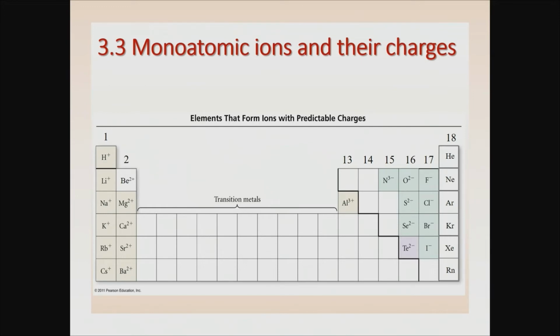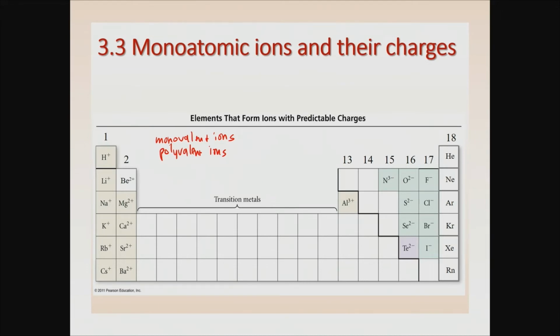Now, before we get into that, let me point out that monatomic ions can be broken down into two types. There are monovalent ions, versus polyvalent ions. A monovalent ion is where you have an atom that can only have one possible charge state.